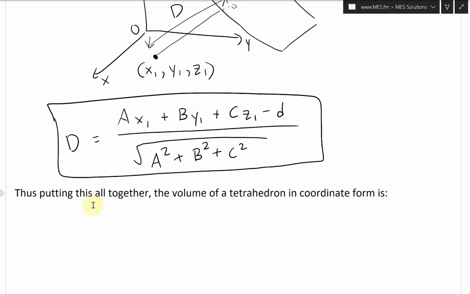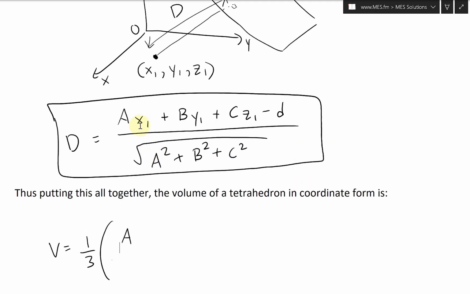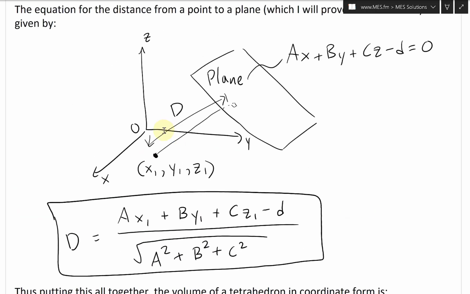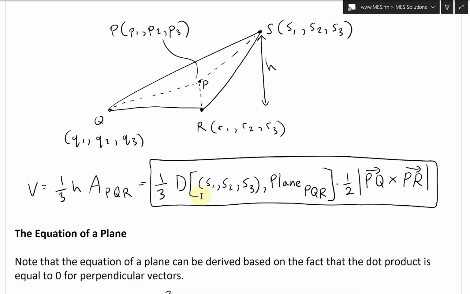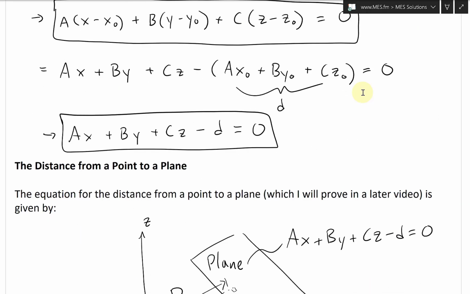Alright, so putting this all together, the volume of a tetrahedron in coordinate form is V equals 1/3 the distance to the plane, or the height, and we'll put a giant bracket like this. Instead of x1, y1, z1, we're going from the point S (s1, s2, s3) to the plane PQR, and there's the area of that triangle.